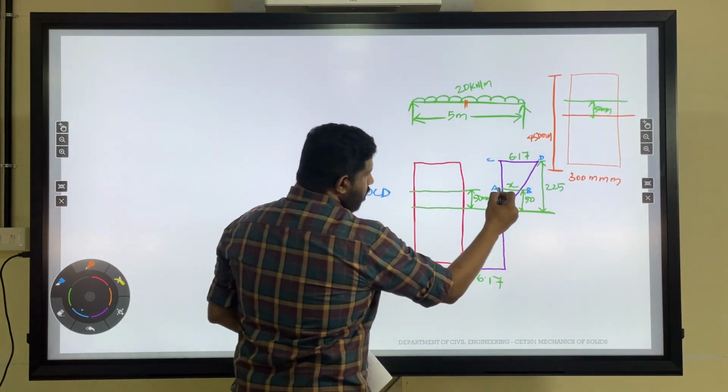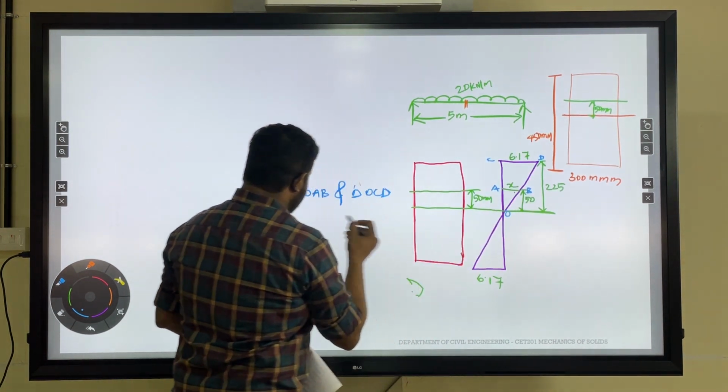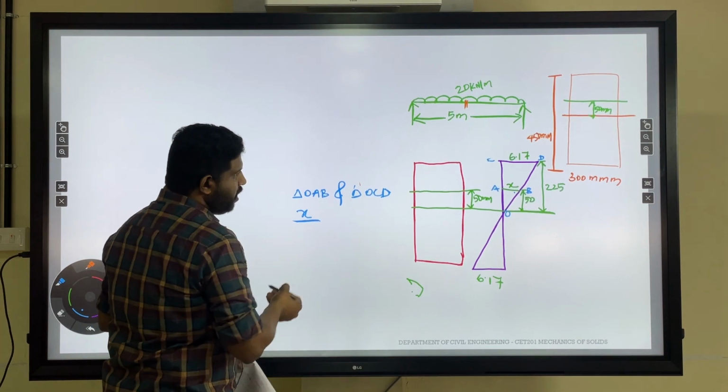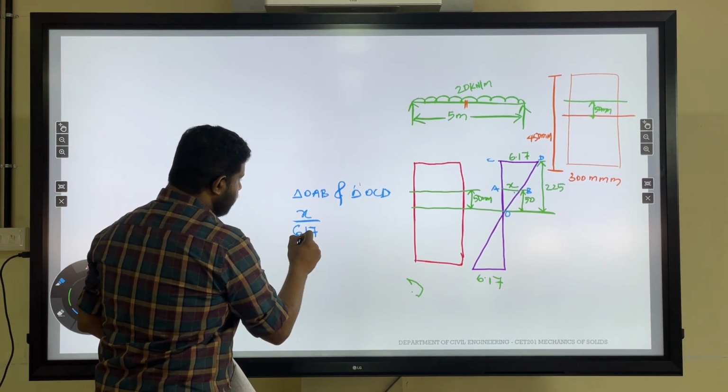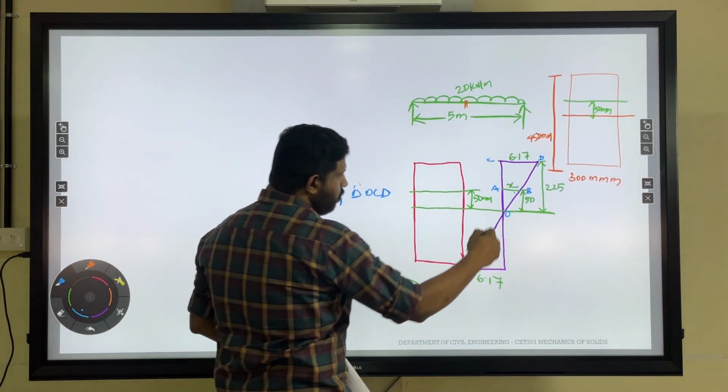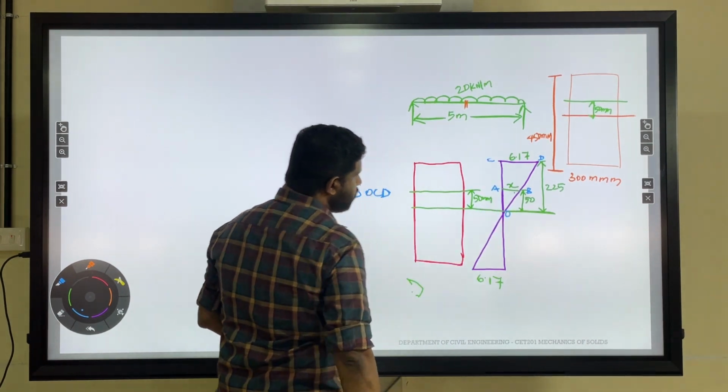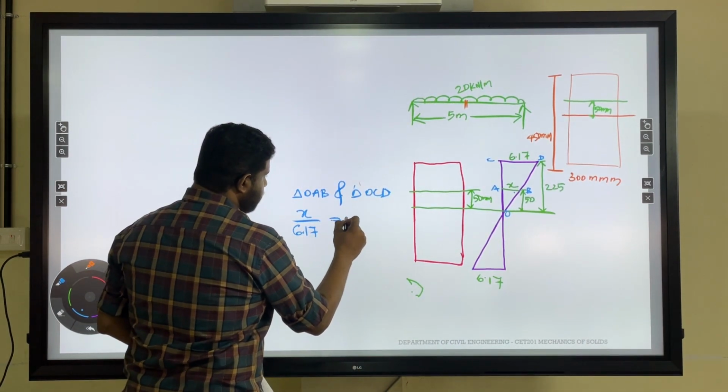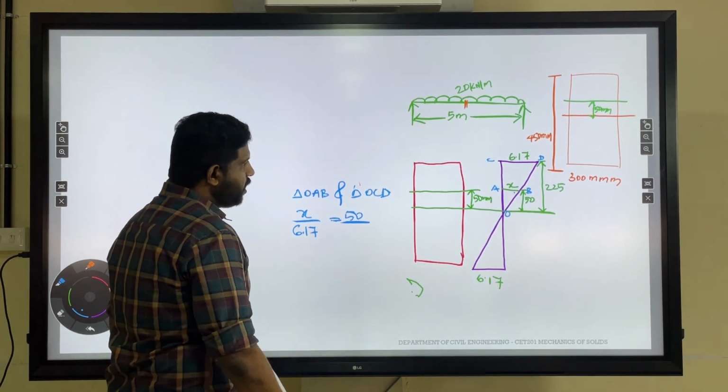So length of this side by this side. By the property of similar triangles, x by 6.17 will be equal to this height by the total length, that is OA by OC. OA is 50 and OC is 225.